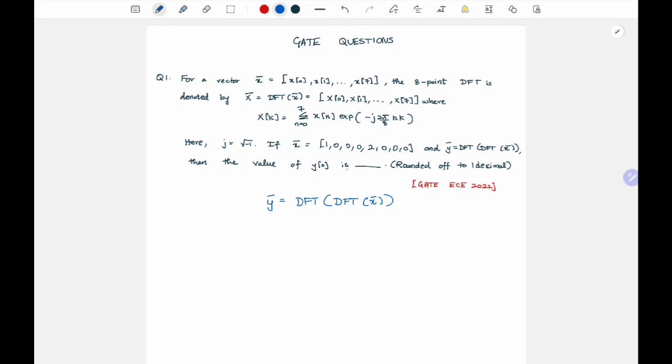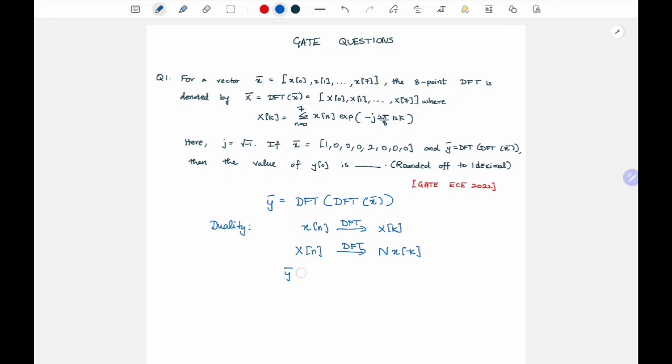Then the value of y of 0 is? If you observe our notes, the duality which we discussed at last: if x of n gives DFT as X of k, but if I take this X of k itself as a sequence and then try to take its DFT, then I get N x of minus k.